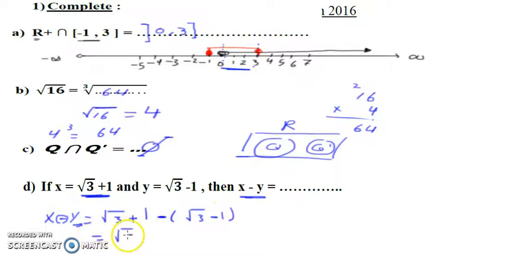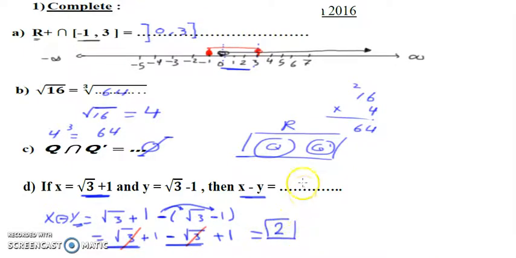The negative is distributed to the bracket, so negative times positive is negative square root of 3, negative times negative is positive 1. So square root of 3 is the additive inverse of negative square root of 3, so they cancel each other, and 1 plus 1 equals 2, so the answer is 2.